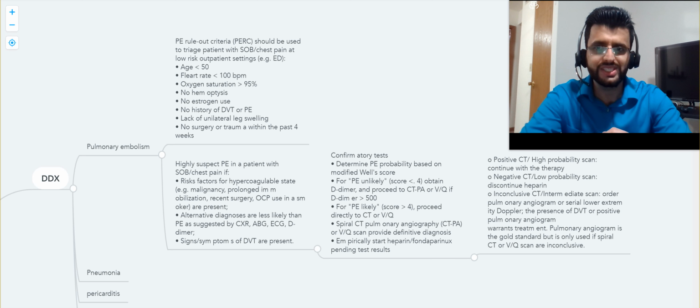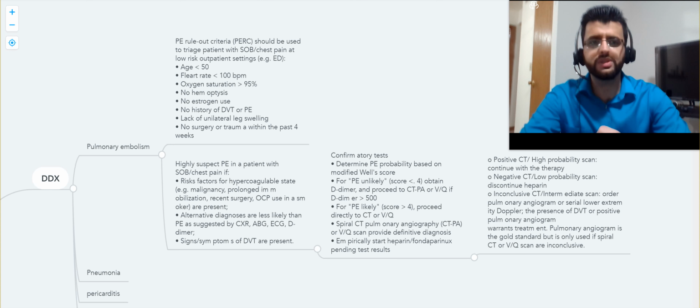If the patient is young, has a low respiratory rate, low heart rate, high saturation, and doesn't have any signs or symptoms of DVT, no history of immobilization, no history of estrogen use, no swelling of his legs, and no history of surgery.